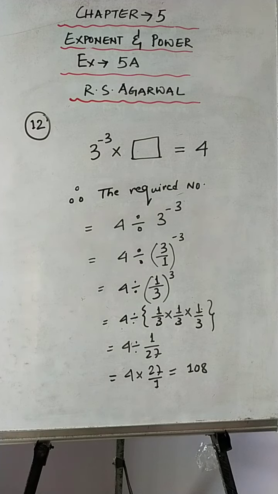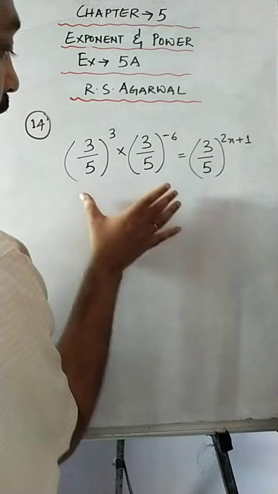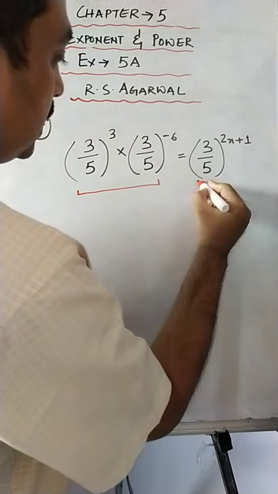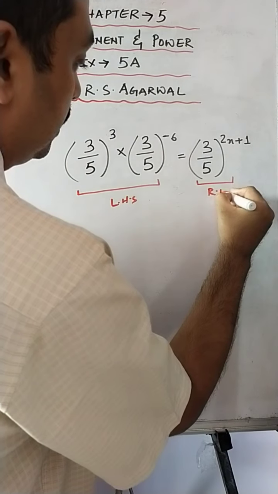Okay. Now let's do the next sum, that is question number 14, students. Now this is question number 14. We have LHS. Now this part is LHS and this part is RHS. Fine.